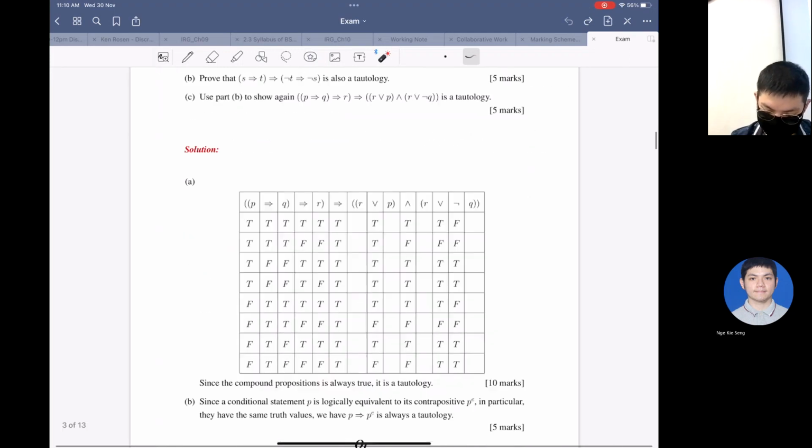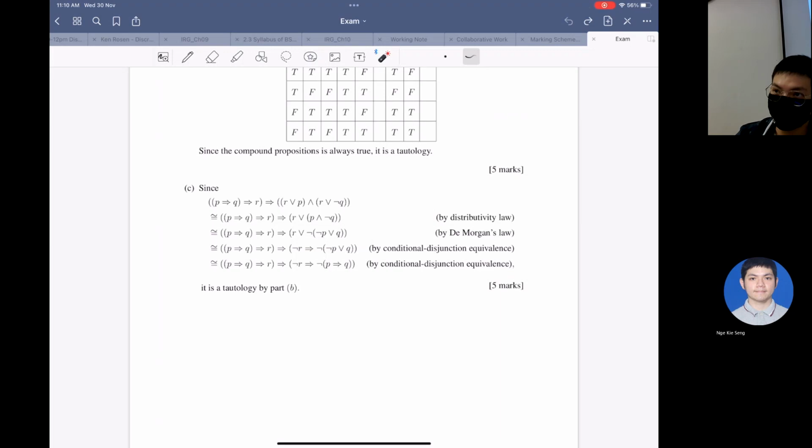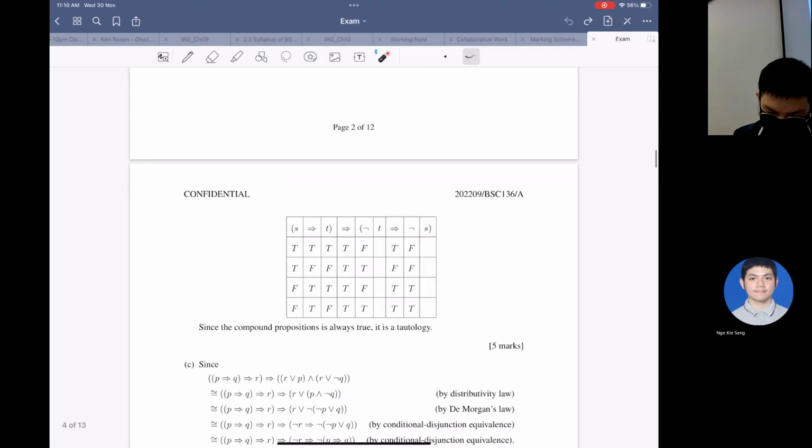The algebra way is like using the laws I gave at the back. So 5 marks, around 5 steps. The marks are given based on how many steps you need to write. I don't simply give marks.